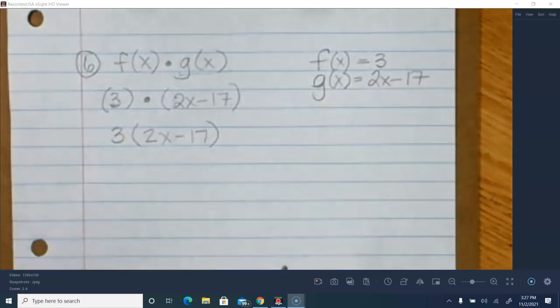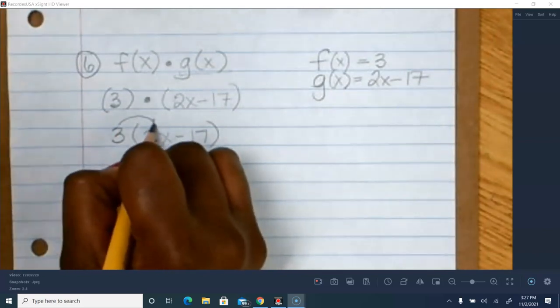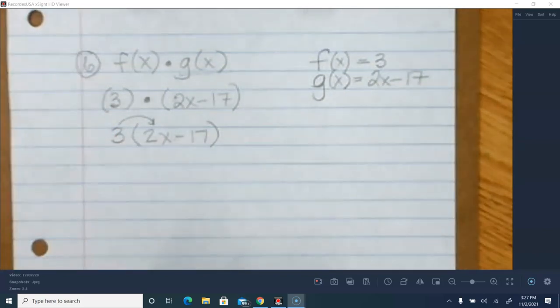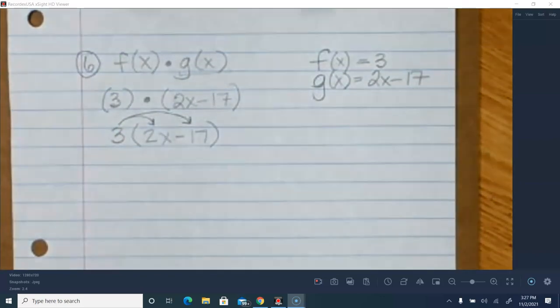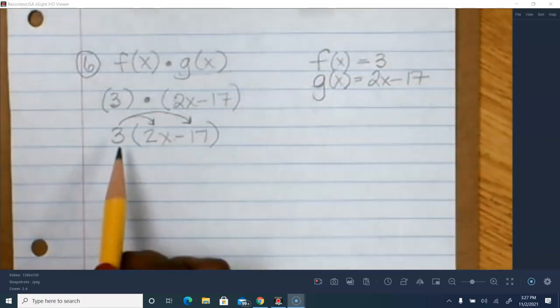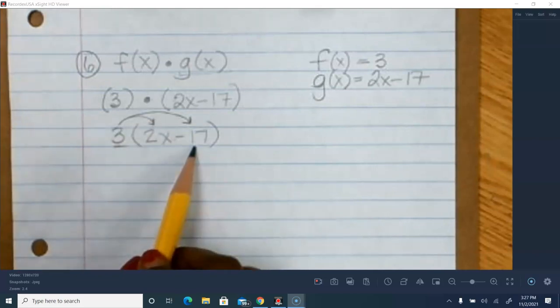So let's use distributive property in order to simplify this expression. So I'm going to multiply 3 times 2x, positive 3 times 2x, and then I'm going to multiply positive 3 times negative 17. You have to remember to distribute that. Positive 3 times 2x, and then positive 3 times negative 17.